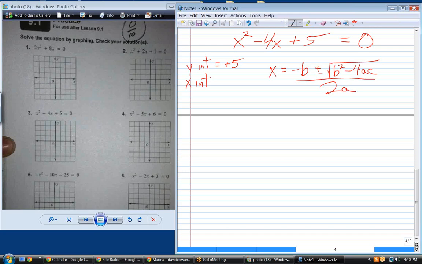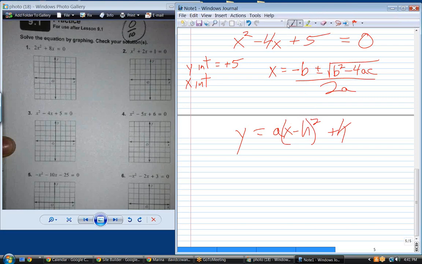Okay. The formula that my teacher gave me for graphing quadratics is... For standard form, y equals a times x minus h quantity squared plus k.